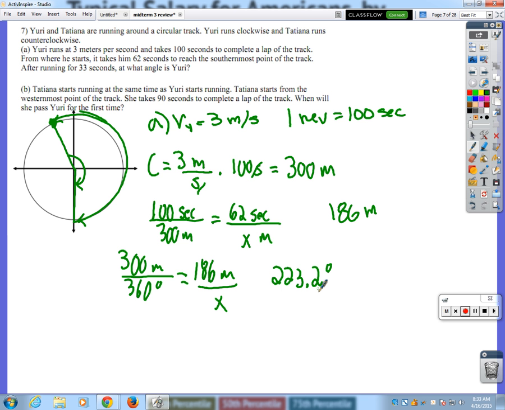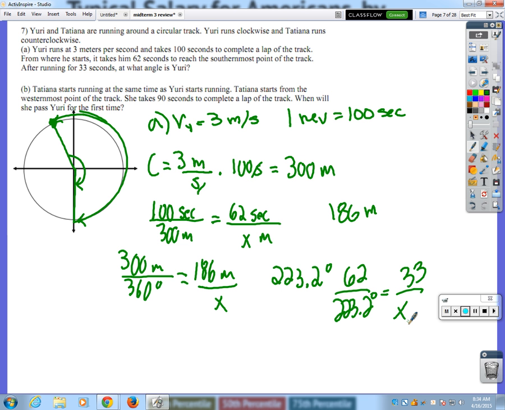He's running for 33 seconds, at what angle is Yuri? So we're going to go proportion again. What's the proportion you want to work with? Okay, so in 62 seconds he goes 223.2 degrees. You're fine, so keep going with what you got, equals. So in 33 seconds, how many degrees does he go?